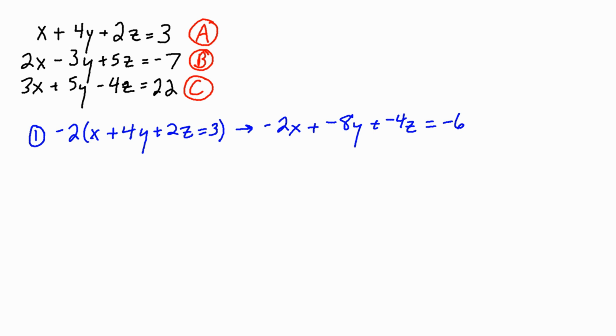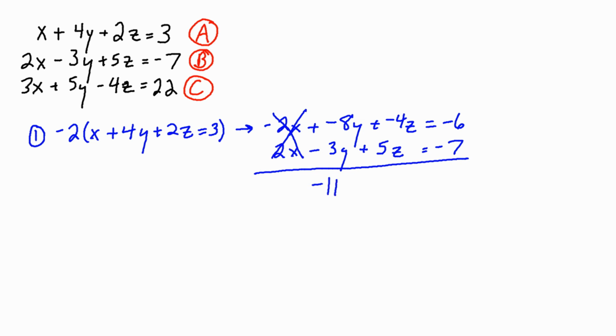And I'm going to add to that 2x minus 3y plus 5z equals -7. When I add that, my x's cancel. -8y minus 3y is -11y. -4z plus 5z is 1z. And -6 plus -7 is -13. So we'll call this one equation D.